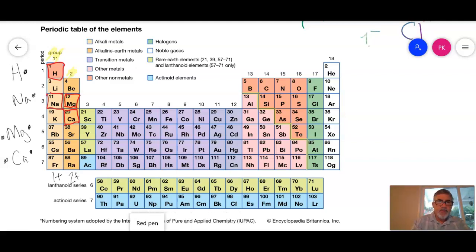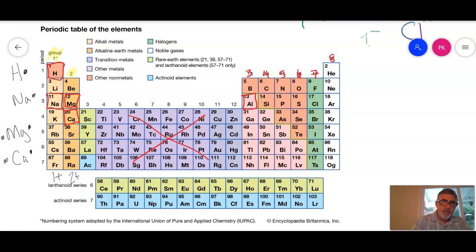The main group element that I'll give you an example for over here is aluminum. This 13 is really group 3, 4, 5, 6, 7, 8. The new numbering is 1 through 18, but the main group you can label 1, 2, 3, 4, 5, 6, 7, 8, because we're going to take out the transition metals in the middle.